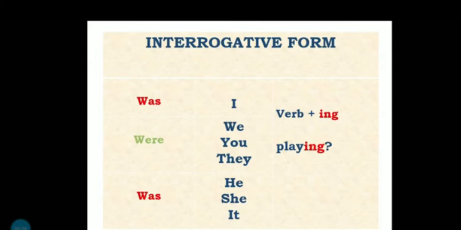Were plus we or you or they plus verb plus ing. Was plus he or she or it plus verb plus ing. So we use was with I, he, she, it. We use were with we, you, they. Remember.